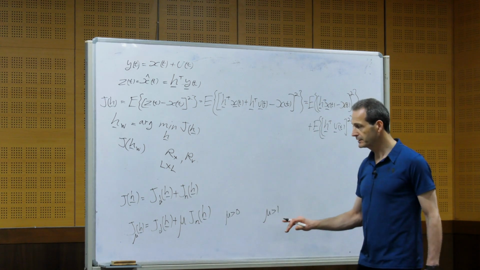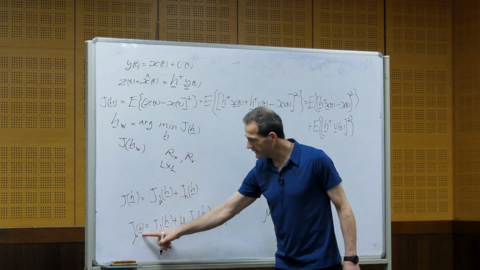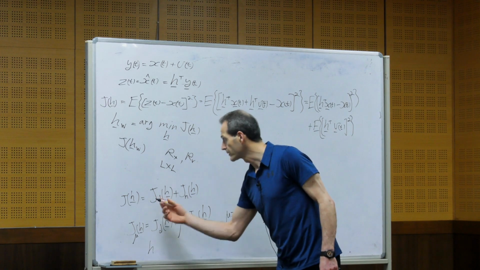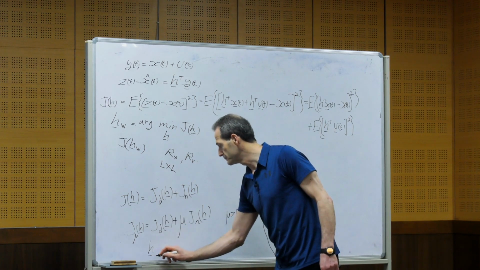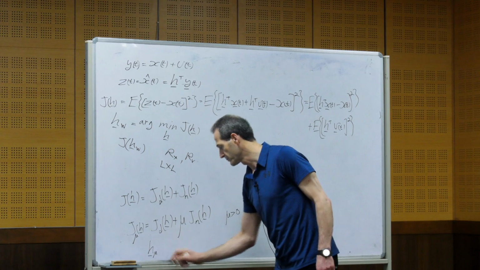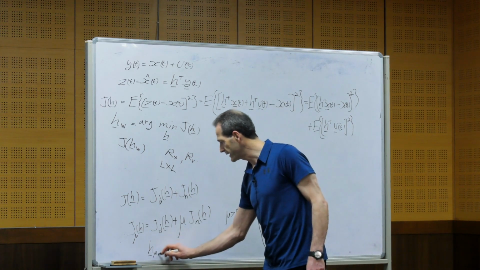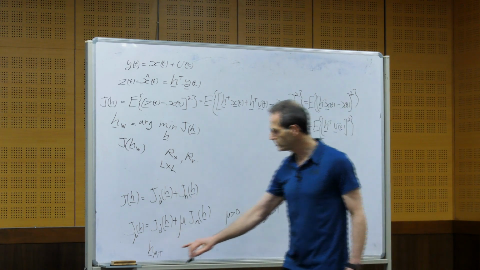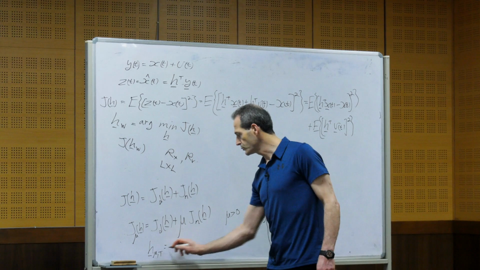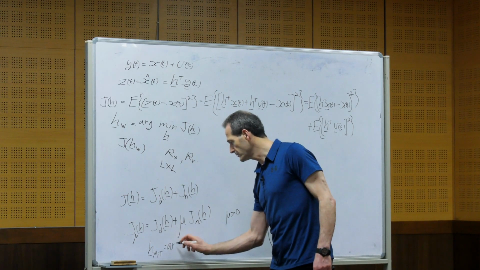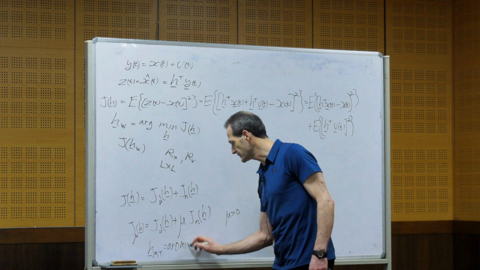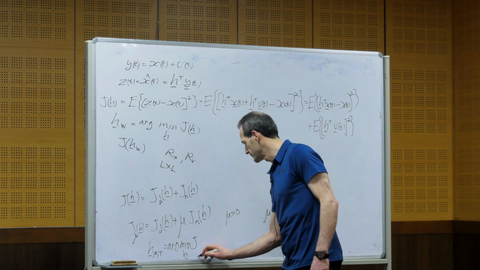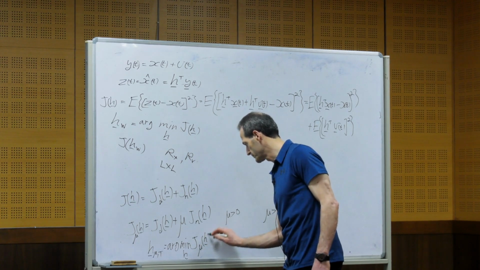So what will happen if we find h, let's call it h_mu, okay? And we can say h trade-off. We can call it something like that. This is the trade-off filter with a parameter mu, and this will be the filter that minimizes J_mu(h) over h.